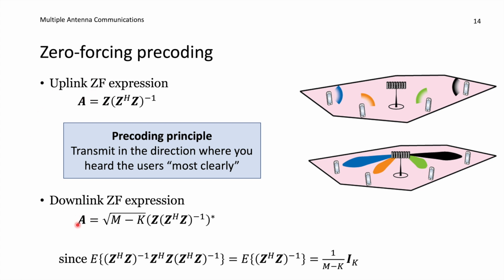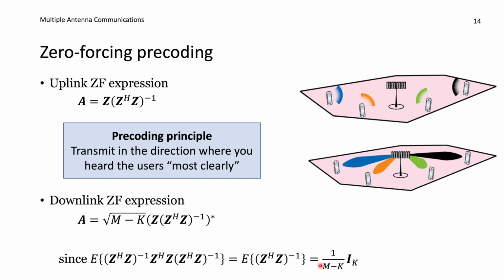In the downlink, it is important because the norm of every column determines what power we assign to the particular user. We have been utilizing the idea that every column should have a squared norm that is on average equal to 1, and this scaling factor can be identified by utilizing that A Hermitian A has an expected value that we obtain using Wishart matrices like this.